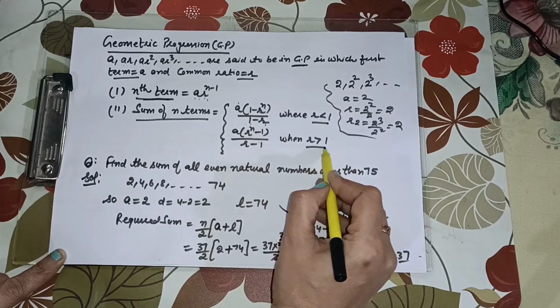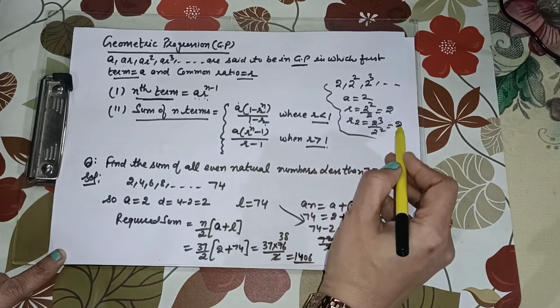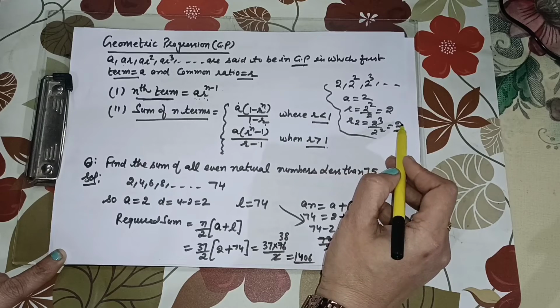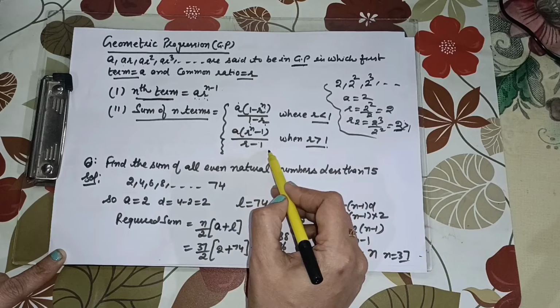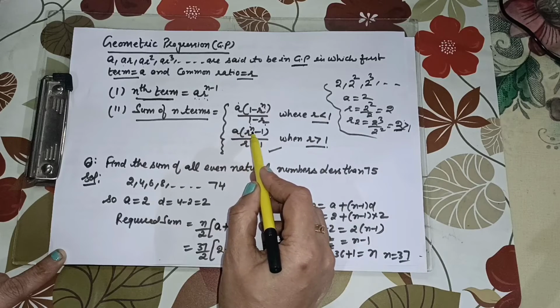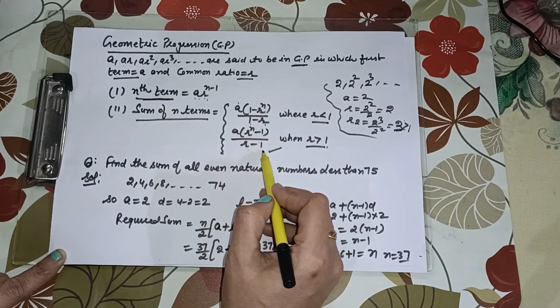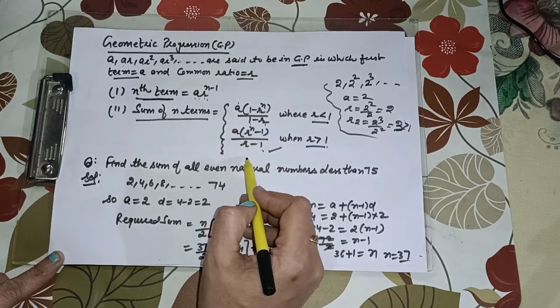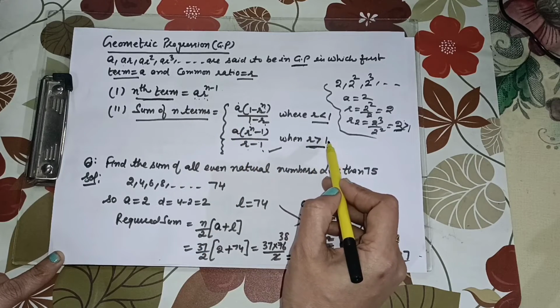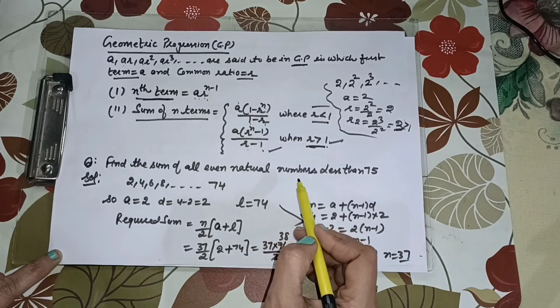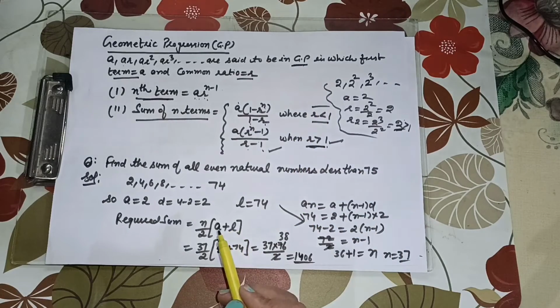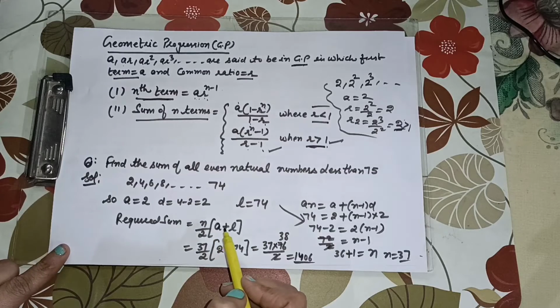If the common ratio is greater than 1, as in this example where r is equal to 2, then we can use the formula a(r to the power n minus 1) over r minus 1. These two formulas are based upon the common ratio: if greater than 1, we use this formula, and if less than 1, we use the other. So these are the various formulas of geometric progressions for finding the sum.